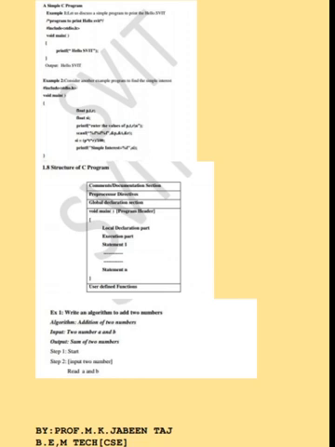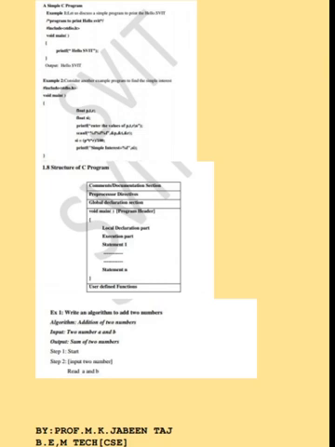Next, we start with the main program indicated by void main. Within the main program, we declare the required values for calculating the simple interest. So we declare P, T and R as float type and SI as float type.